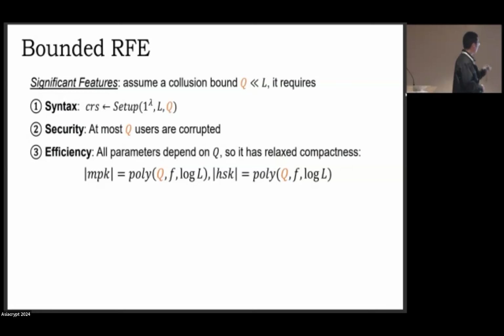Initially, it will assume a collusion bound Q. This bound is far smaller than the total number of users L. The setup algorithm will just take this collusion bound as input, and the security is preserved only when at most Q users are corrupted. Also, for efficiency, all parameters will depend on this Q. So compared to standard RFE, bounded RFE has relaxed compactness.